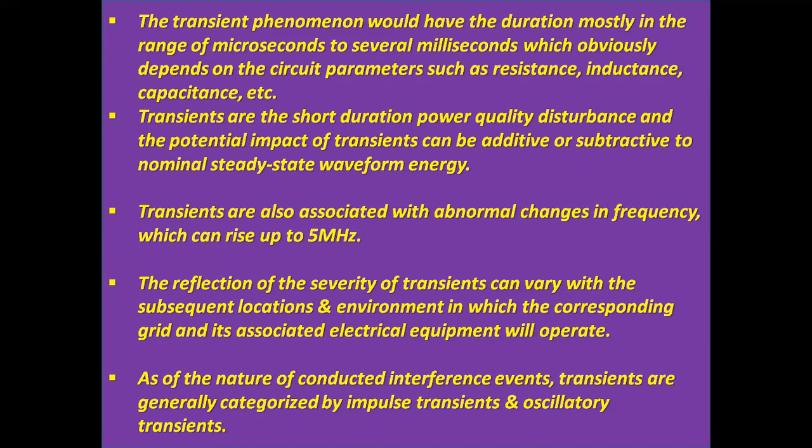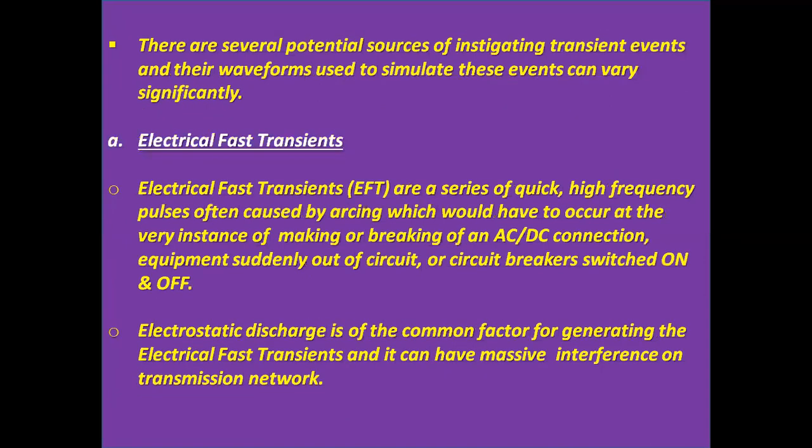As of the nature of conducted interference events, transients are generally categorized into impulse transients and oscillatory transients. There are several potential sources of instigating transient events, and the waveforms used to simulate these events can vary significantly.